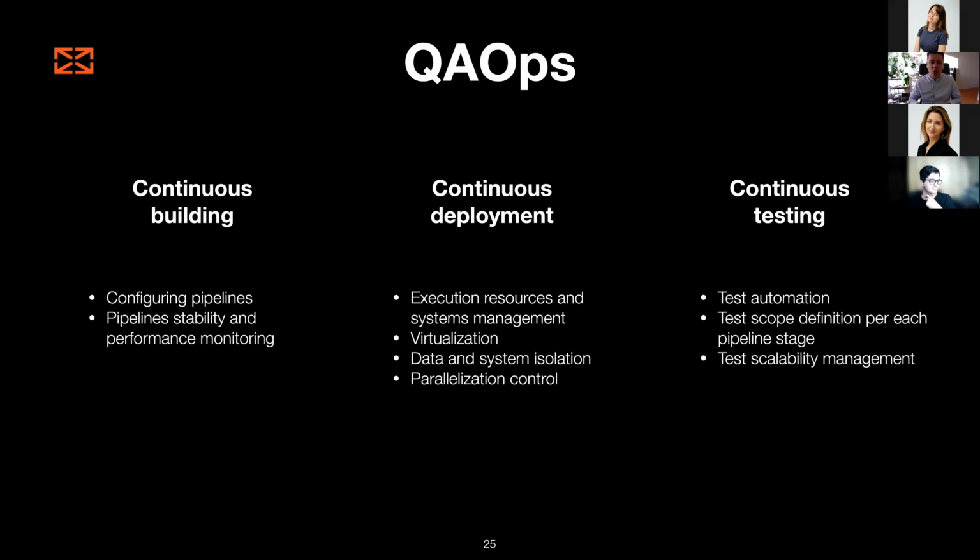So that means that all the solutions we discussed on previous stages, like monitoring of the stability, virtualization, parallelization control and mocks, these solutions shall be scalable. So if we are going to introduce a new framework a couple of years later, they can use the same approach and same APIs we developed.